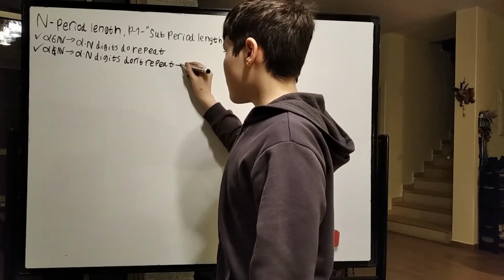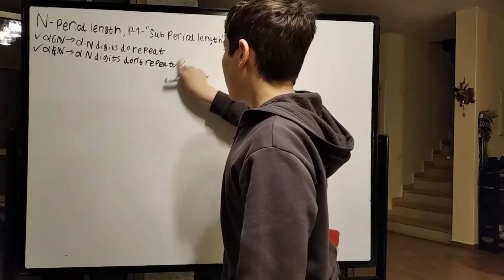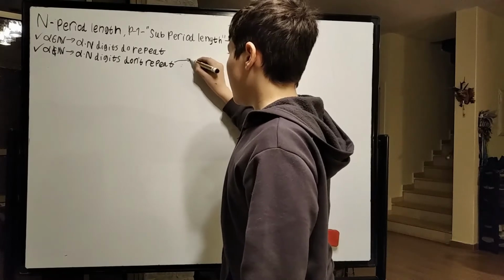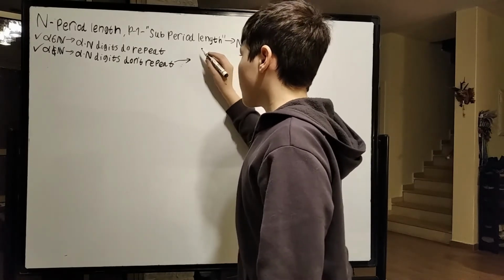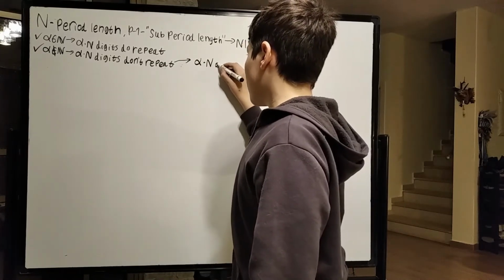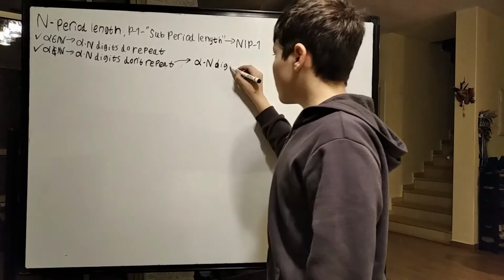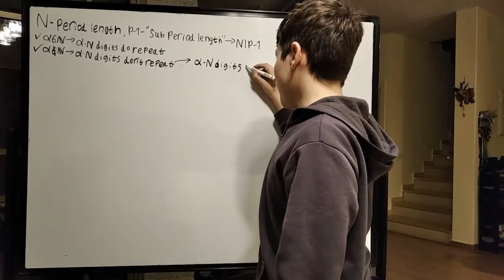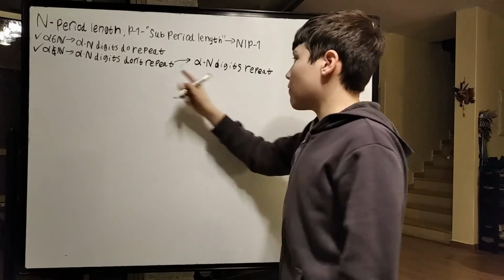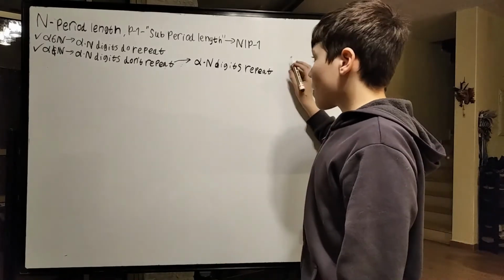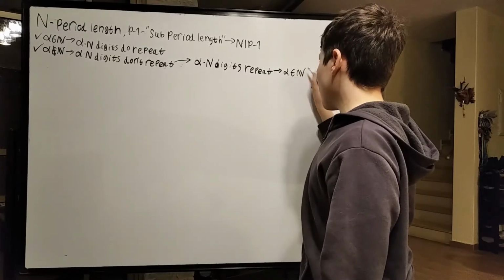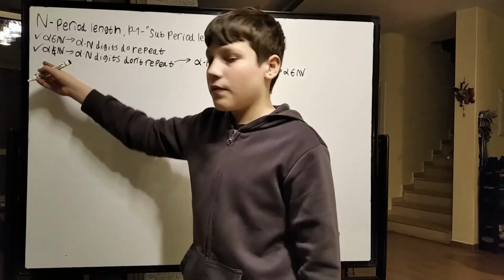So this means we have the following statement: if alpha times n digits repeat, which is the opposite of them not repeating, then alpha is a natural number, which is the opposite of this.